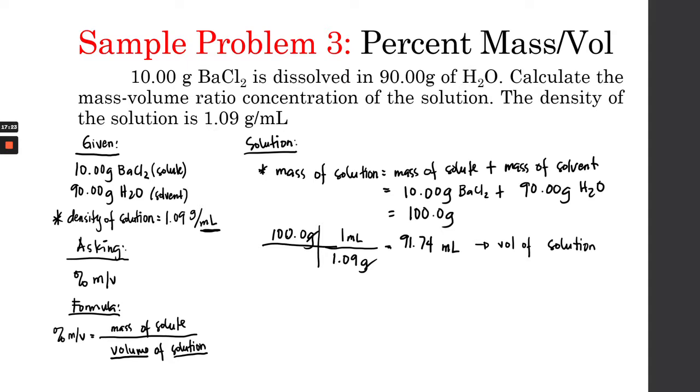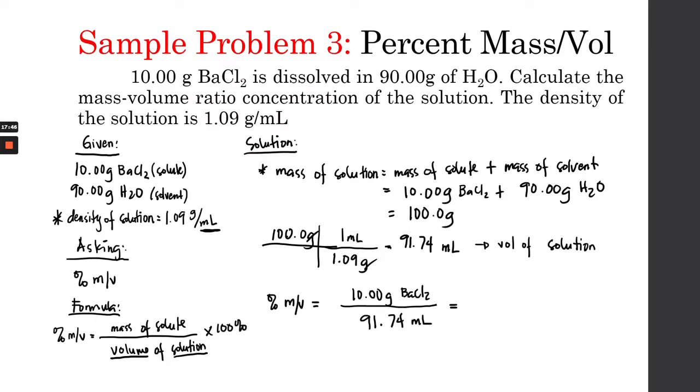now we can solve for the percent mass volume. The mass of our solute is 10 grams BaCl2 divided by the volume of our solution, which is 91.74 ml. And that would give us, again, times 100%.